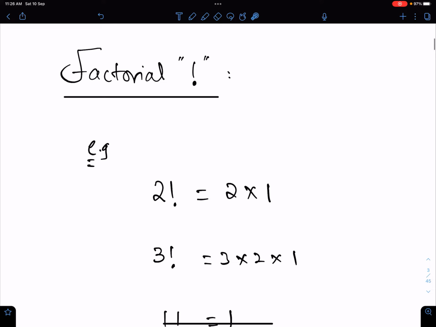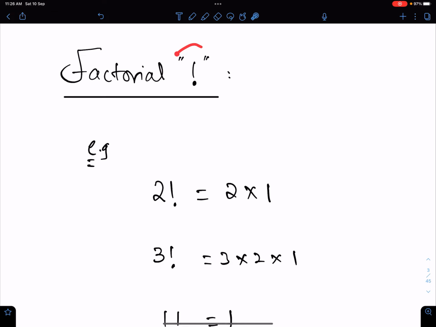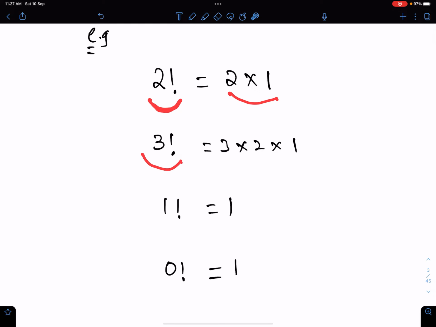We use two important mathematical operations in binomial expansions. Number one, factorial. This symbol is known as factorial. You can find this symbol in your calculator. Well, 2 factorial means 2 into 1. 3 factorial means 3 into 2 into 1.